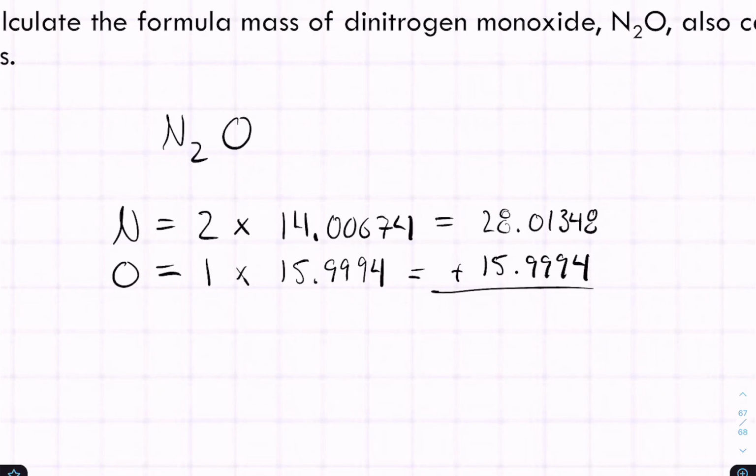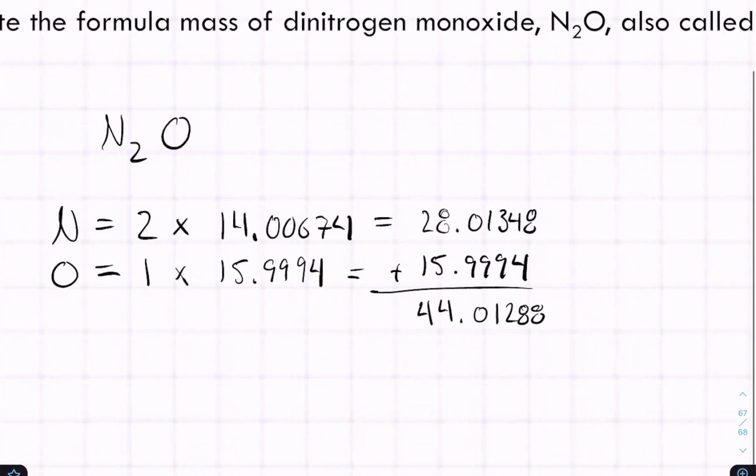And then we just add those together. So it's going to be 44.01288. And the units for atomic mass and formula mass are grams per mole, MOL.